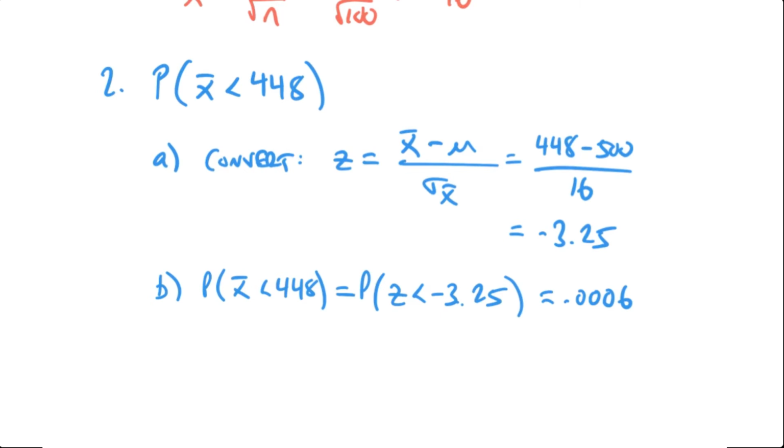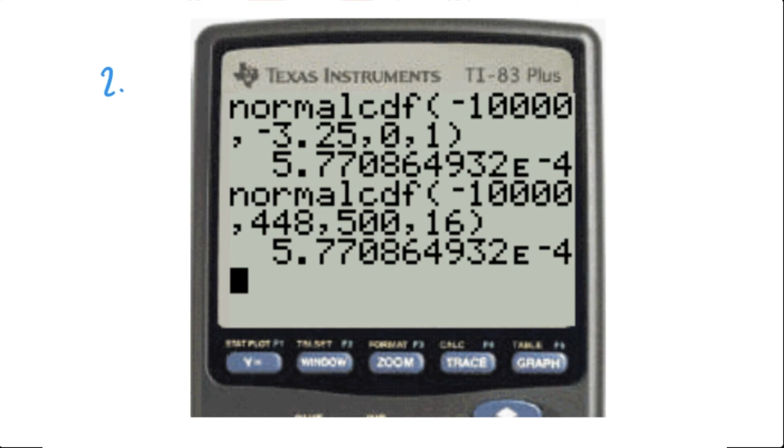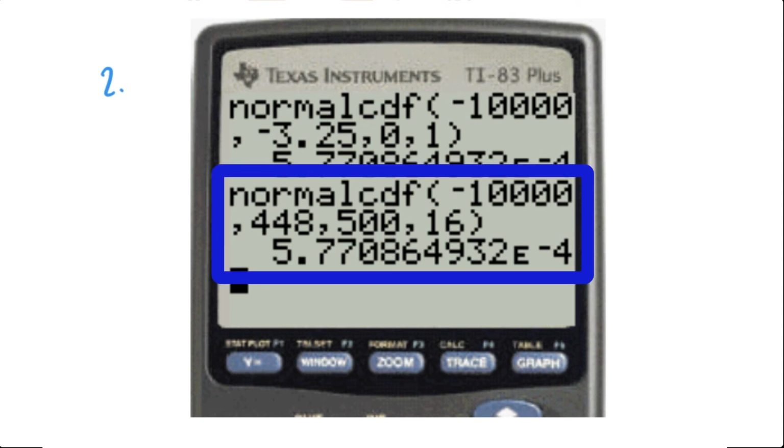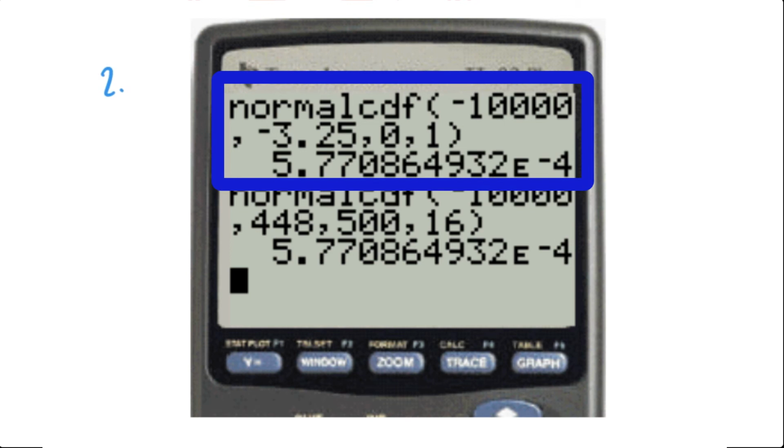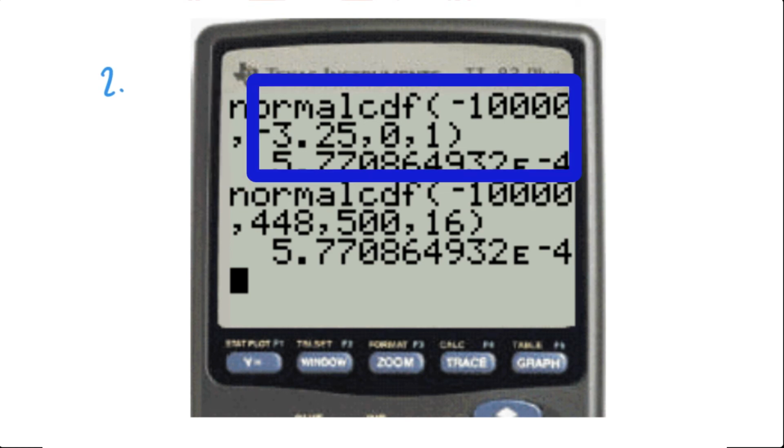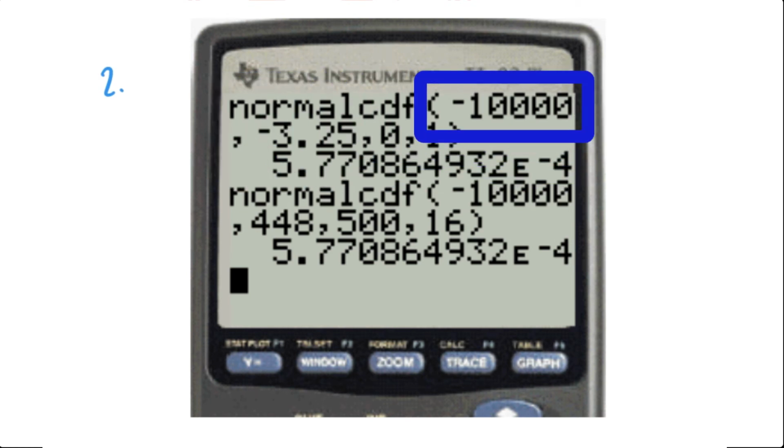Now we can calculate this on a graphing calculator, using the normal CDF. You can type that in using the original information, a mean of 500 and a standard deviation of 16, or you can do it with the z-values. We have negative 10,000 in both of these places because in the normal curve you're always going from left to right.